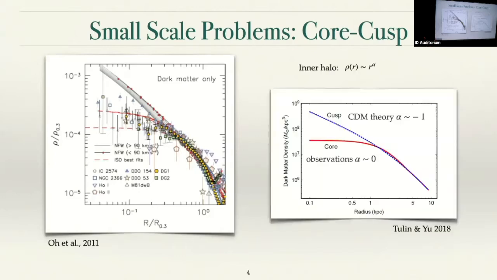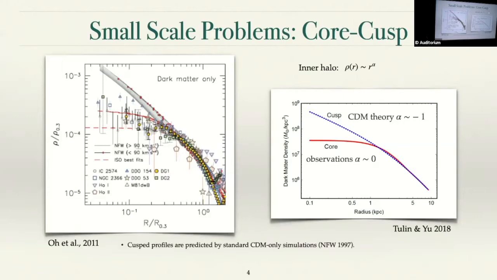Here I have a sort of cartoonized version of this, just to introduce some language that I'll use. The inner halo is often parameterized as a power law, so just r to the alpha. In CDM theory, they produce what are known as cusps, and those have an alpha of about -1, whereas what we're seeing from these observations in dwarfs is more core-like profiles, which have an alpha closer to 0.